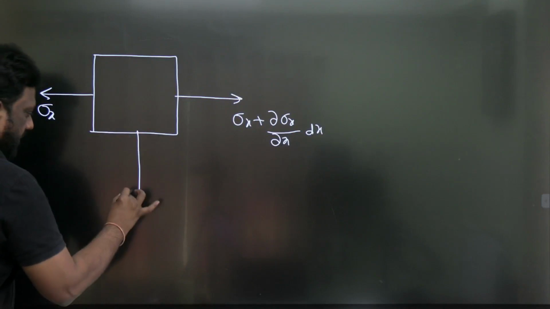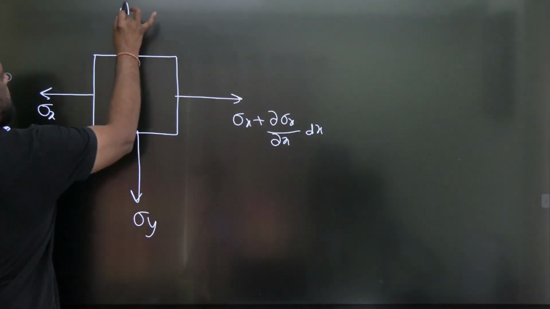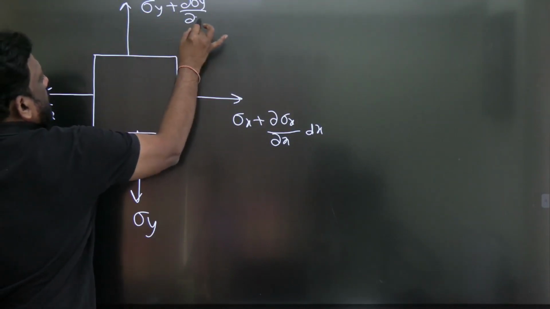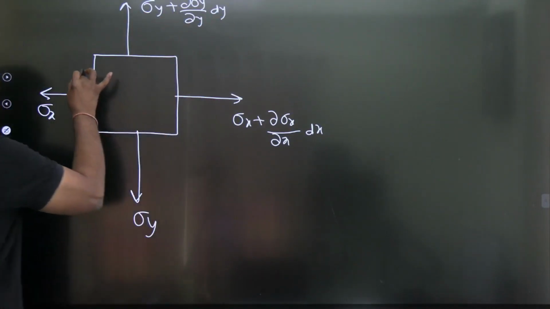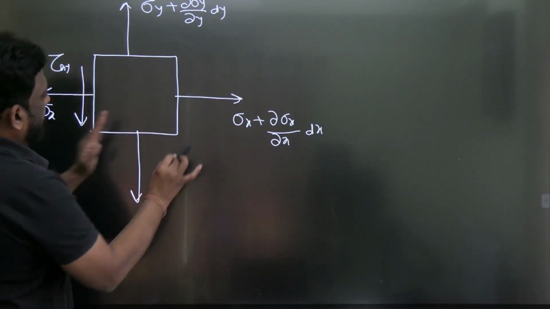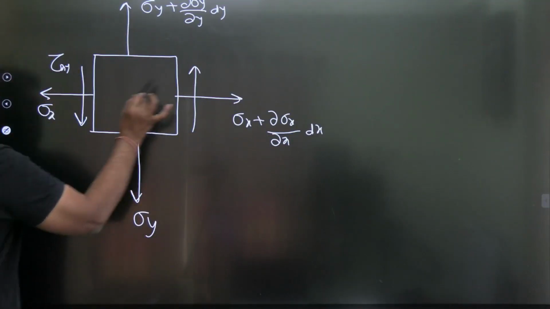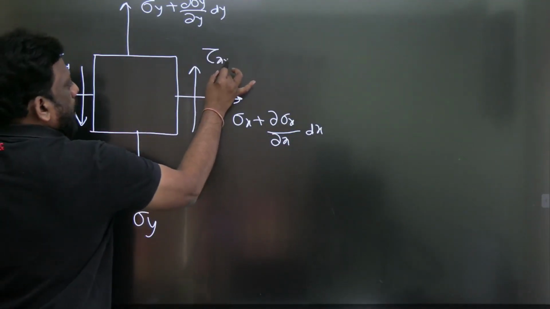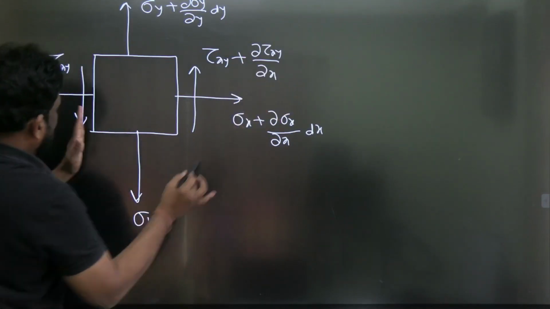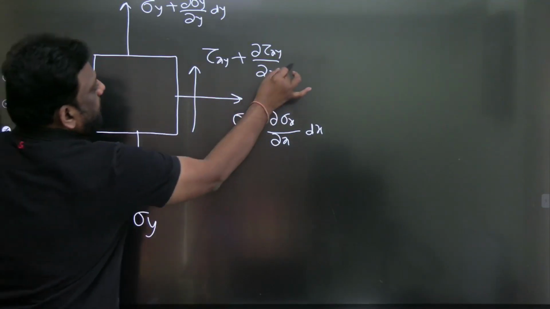Similarly, if it is sigma y, at a distance dy, it will be sigma y plus dou sigma y by dou y dy. Similarly, if it is tau xy, if this is downward then this is upward shear. At a distance dx, it will be tau xy plus dou tau xy by dou x into dx.